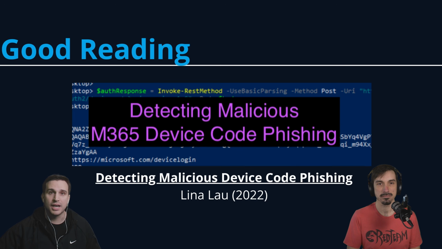Now, on the detection side, we have an amazing article by Lena Lau, Inverse Cause, on detecting malicious device code phishing. She provides a lot of great information on the defensive side, especially how to detect if the attack has taken place in your tenant, and then also how you can prevent against it.